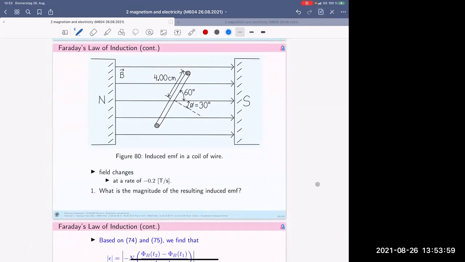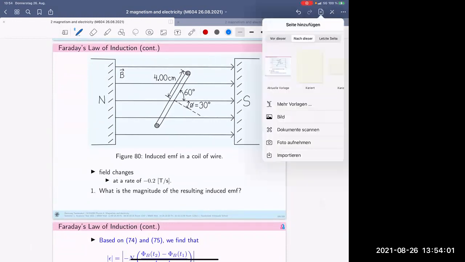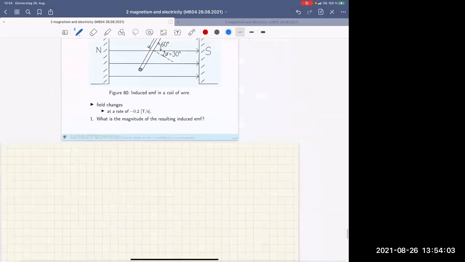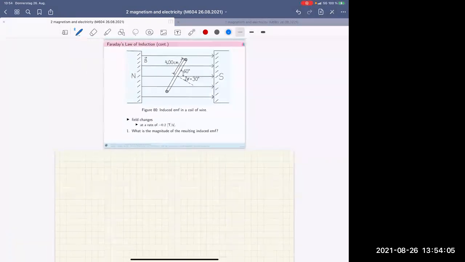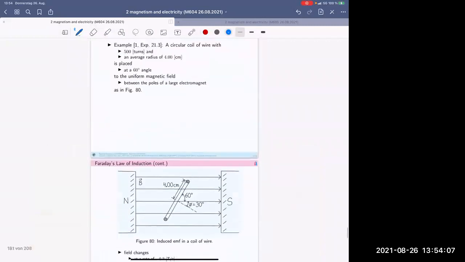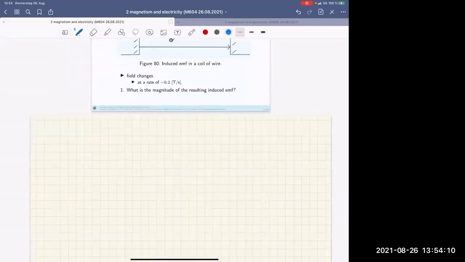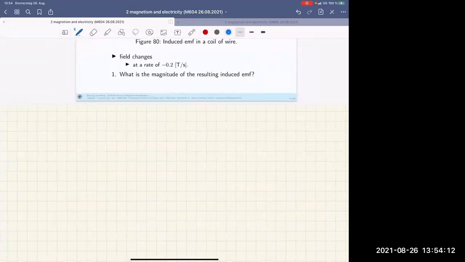So let's open a new page in order to solve this one. I don't know from which book, but we start from the same formula, minus N delta phi B divided by delta t, right?